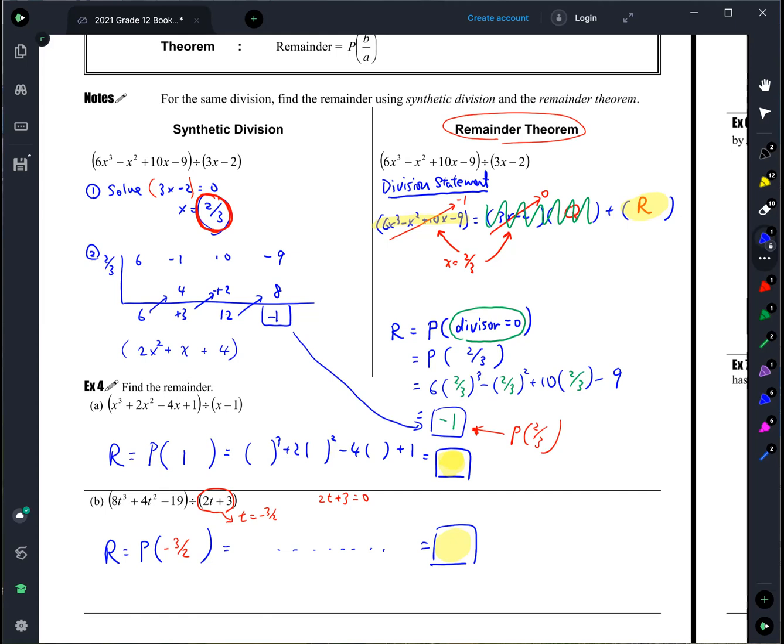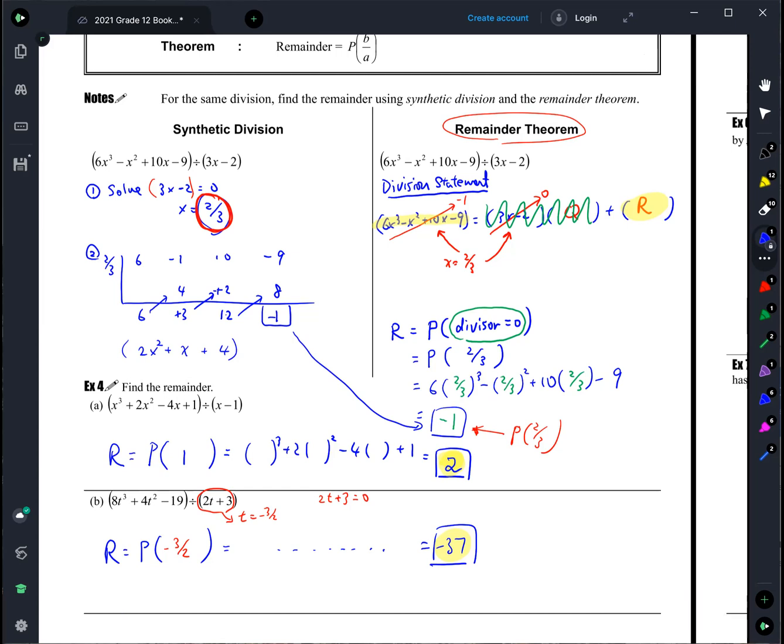All right, Caleb, what's the remainder for question A? The remainder should be 2. Okay. And Sophie, what's the remainder for B? I got negative 37. Negative 37. All right.